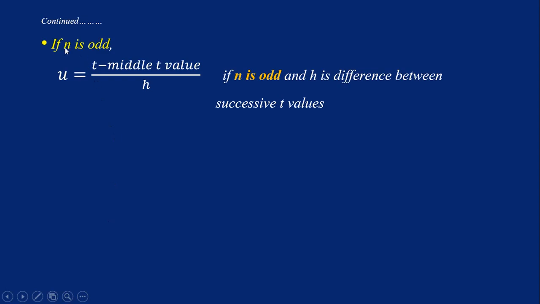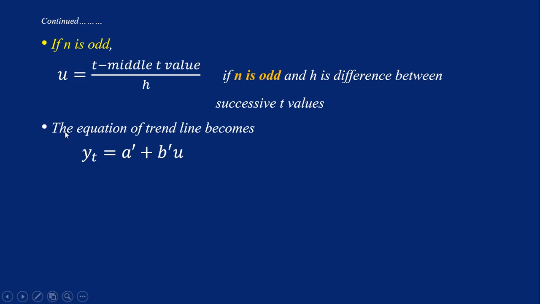Now you have to remember all the things on this page very carefully, because these are the things we are going to use in actually solving the example. If n is odd, u is equal to (t minus middle t value) upon h, and h is the difference between successive t values.